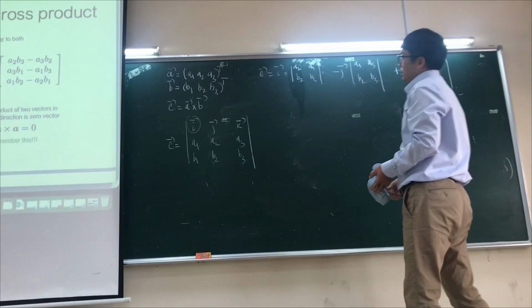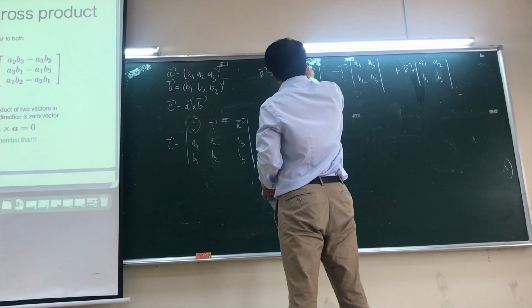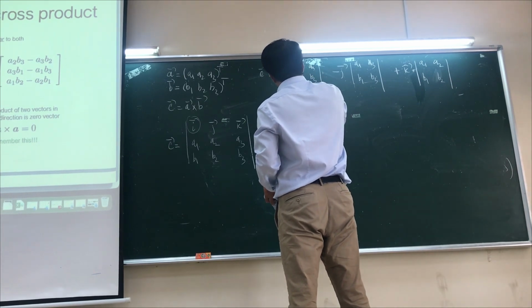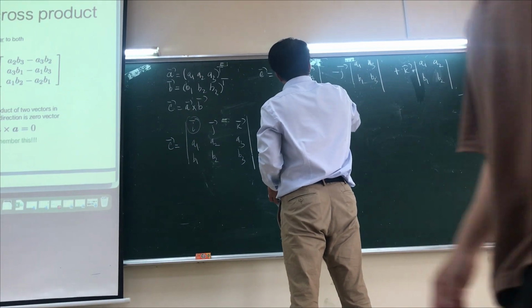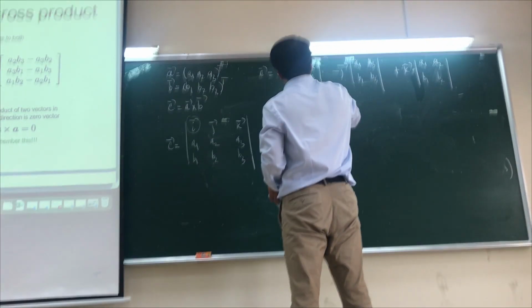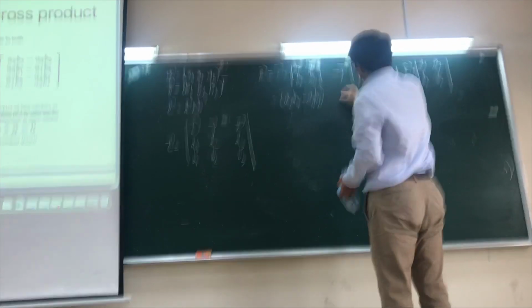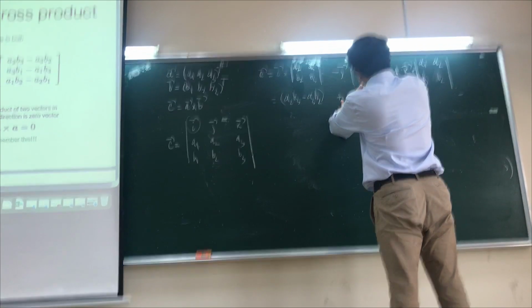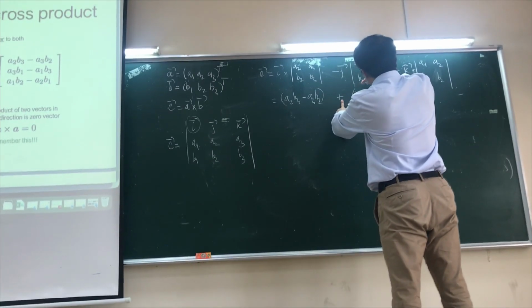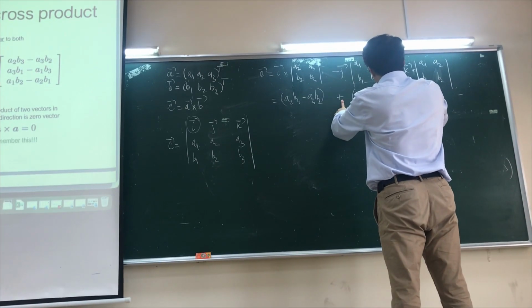So you can see here the first component is A2 B3 minus A3 B2. Then the second is A3 B1 minus A1 B3.